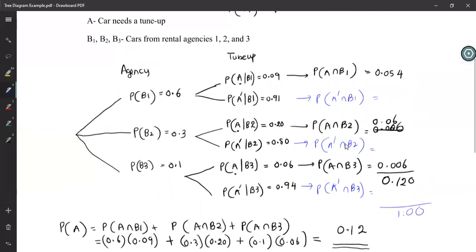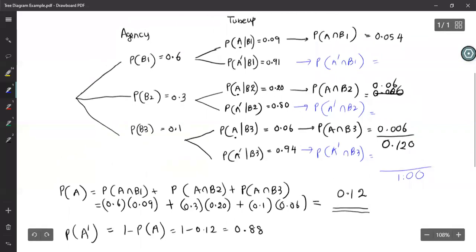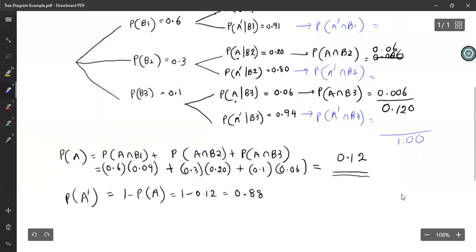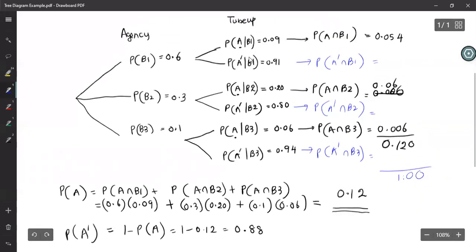Now from this one, I'll explain the Bayes theorem also because it is easy now. You all have the understanding also. Okay. Now if you look at the second level, you see all these conditional probabilities are given B1, B2 or B3.